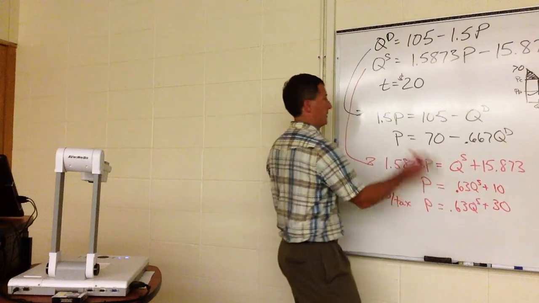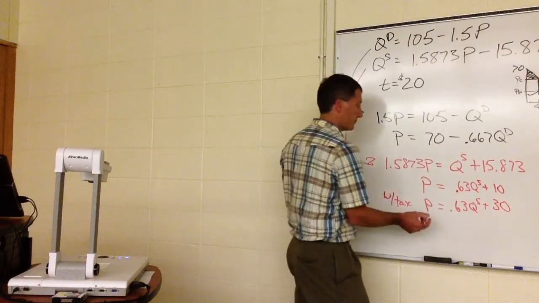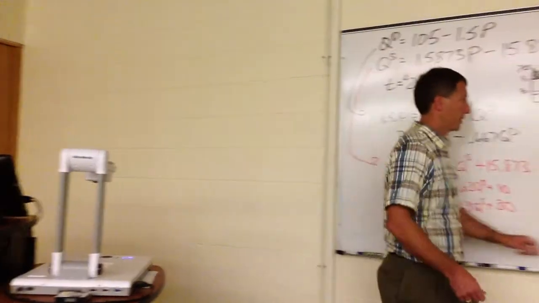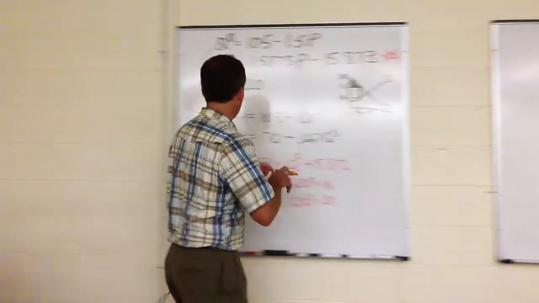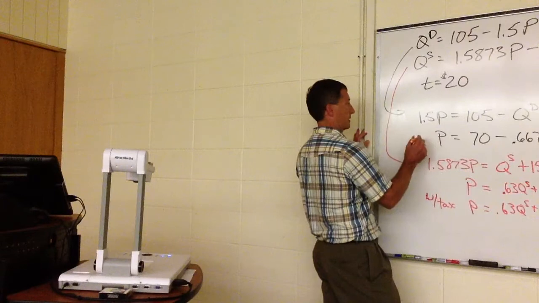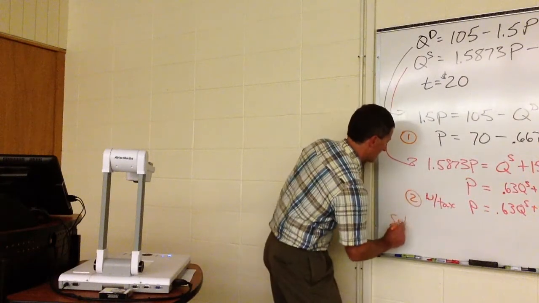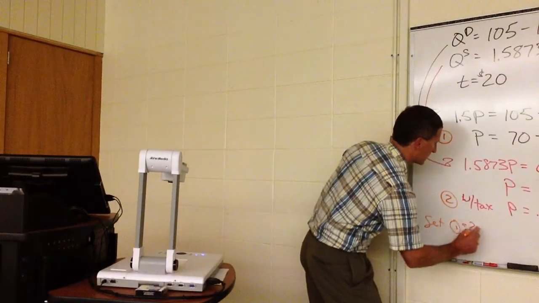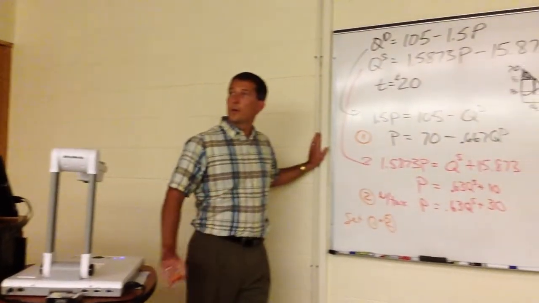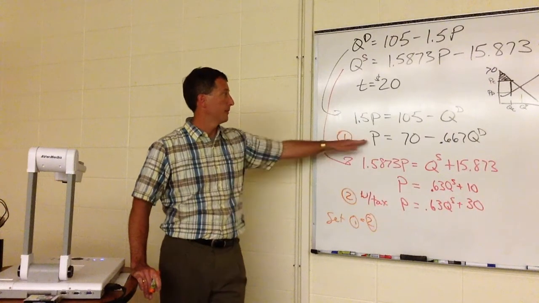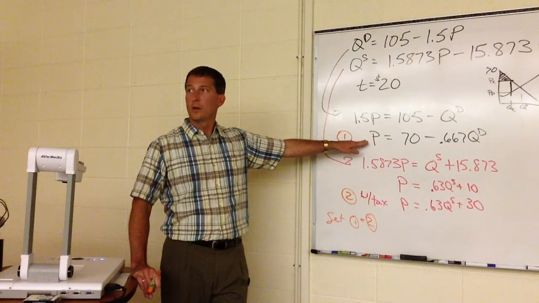And now set this one equal to this one. For the choke price, let's call this equation 1 and this equation 2. Set 1 equal to 2. To find that choke price that you said you have 70 with, wouldn't you have just set that equal to 0?